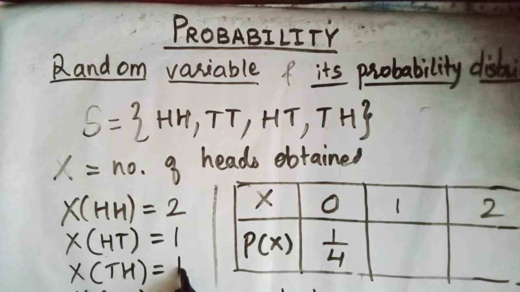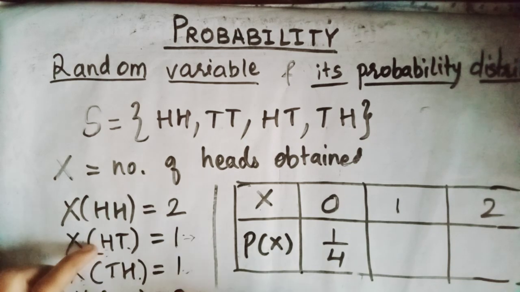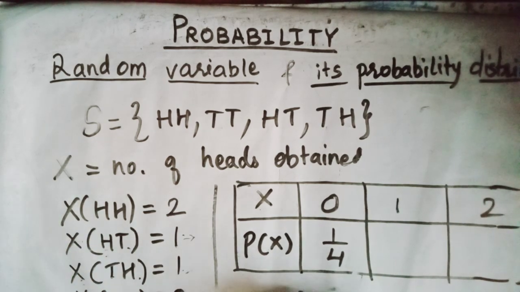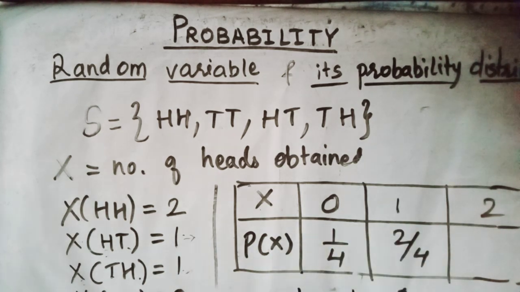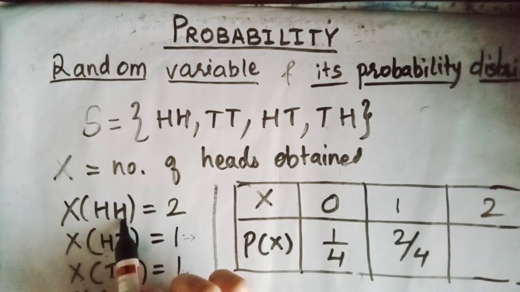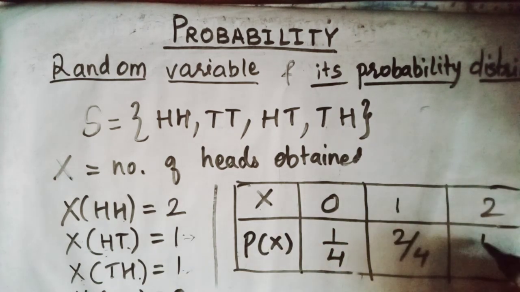Then whenever random variable X is 1, it is HT or TH. So probability of HT is half into half, that is 1 by 4, right? We'll have to add 1 by 4 for TH. So it is 2 by 4, which comes to 1 by 2. For 2 it is HH, right? So again half into half, so it is 1 by 4.